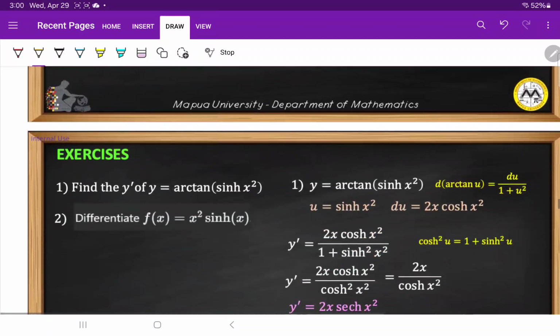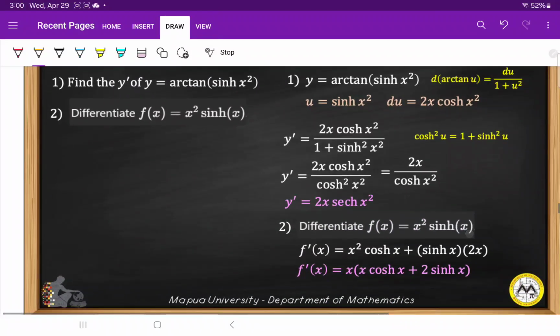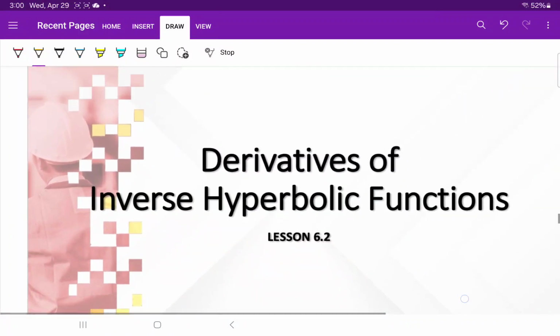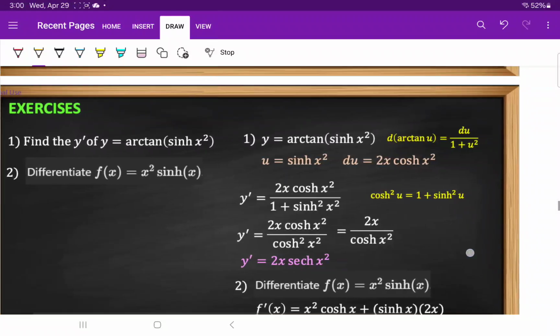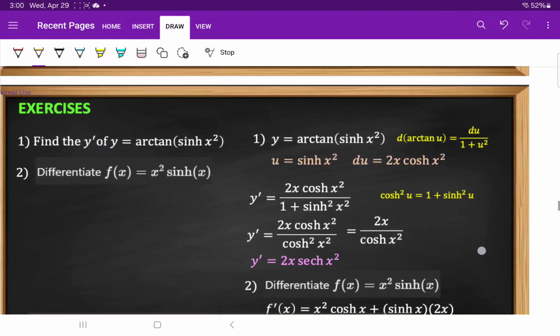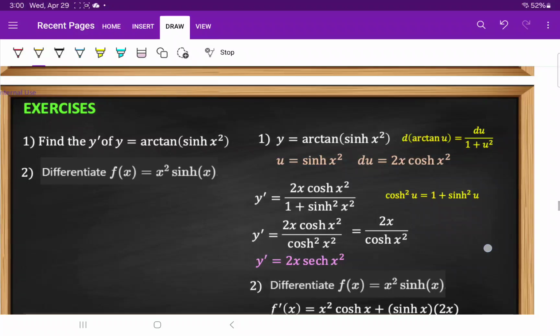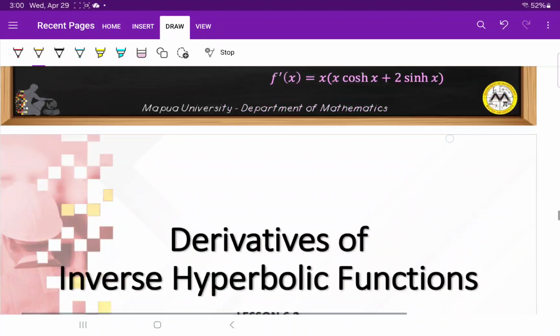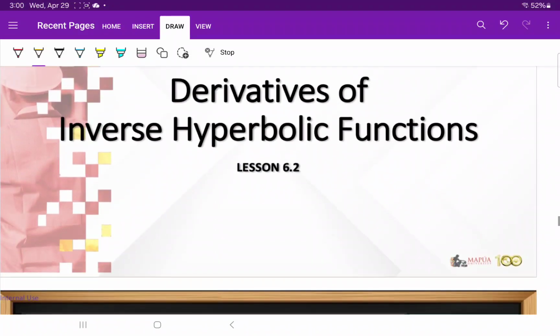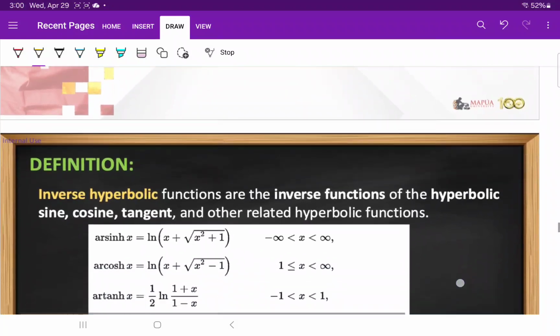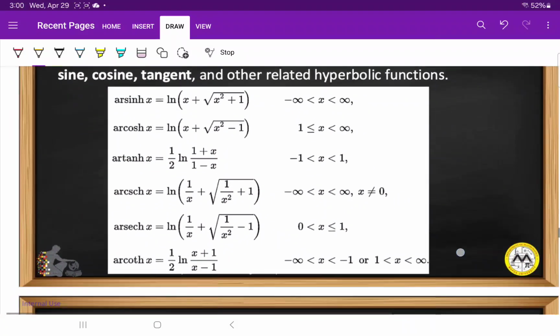Okay. Now these are some exercises for you to do. But there is also a solution for this exercise for the first one. Okay. Now the next is how we find the derivative of inverse hyperbolic functions. This is the definition.